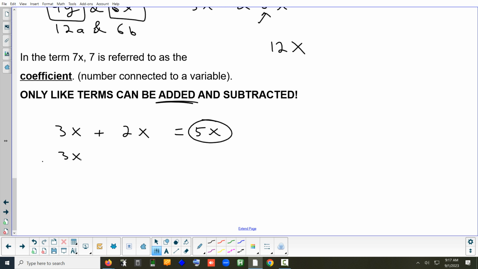Let's do the same thing, but let's do subtraction. First of all, I asked myself, are they like terms? x and x? Yep, they are like terms, so they can be subtracted. If you have 3 x's and you take away 2 of them, how many x's would that leave you with?